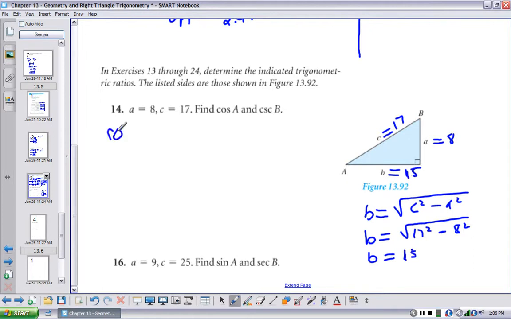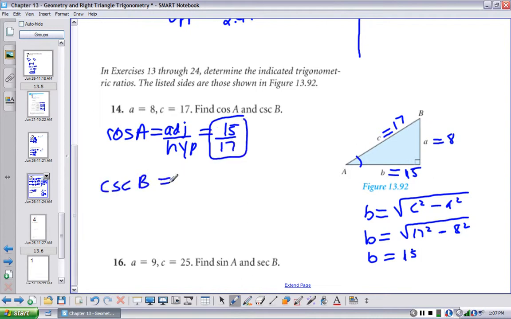So we're looking at cosine A. Remember, cosine is adjacent over hypotenuse. So we look at our A, adjacent is 15, hypotenuse is 17. And then we want to look at cosecant of B. Remember, cosecant is hypotenuse over opposite.